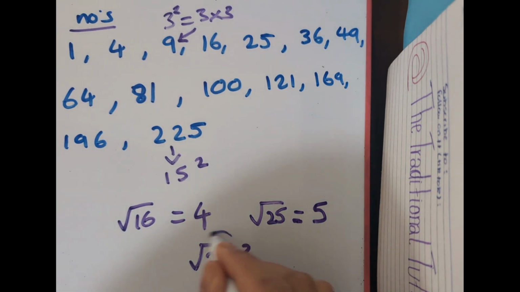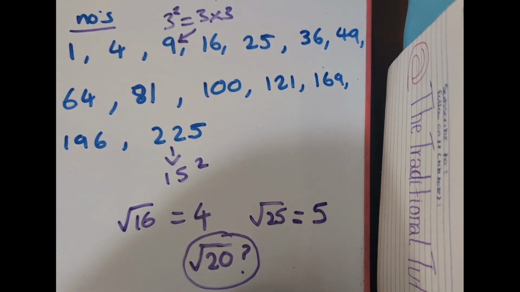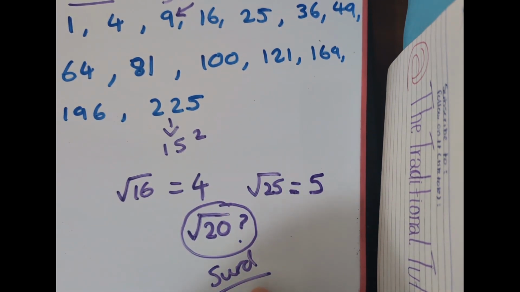Hence, these certain types of numbers are called surds. So this is an example of a surd. The square root of 20 is a surd because the answer does not terminate, and it does not recur either. It's not a rational number, hence we call it a surd.